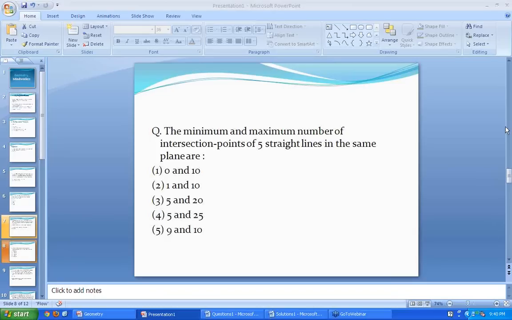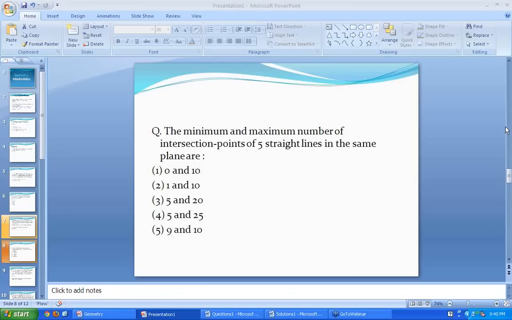Manya says, what will a diagram look like for maximum intersection points? Manya, for that, try it out. You can get 5C2 intersection points. This is what I have told you. Now try making a figure with 5 lines in which you get 5C2, which is 10 intersection points.